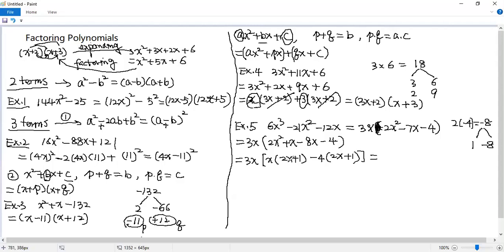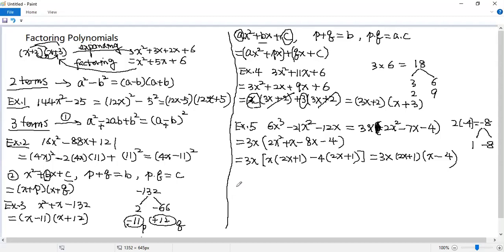So we get a new common factor, 2x plus 1. We can take it out. So (2x plus 1). Then the leftover of the first term would be x, and the second term would be negative 4.